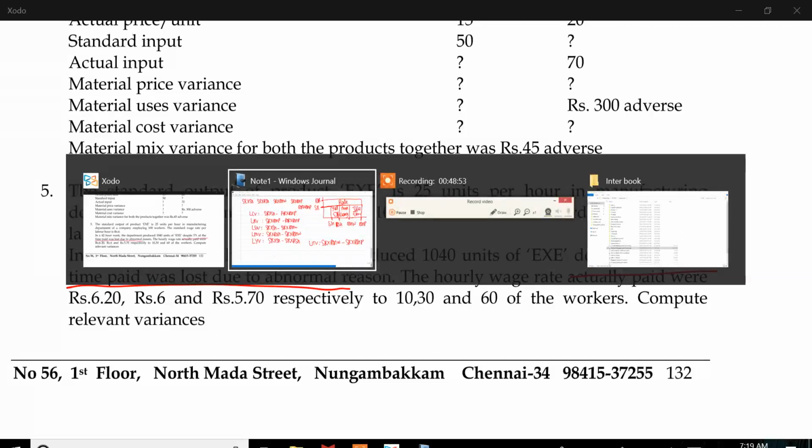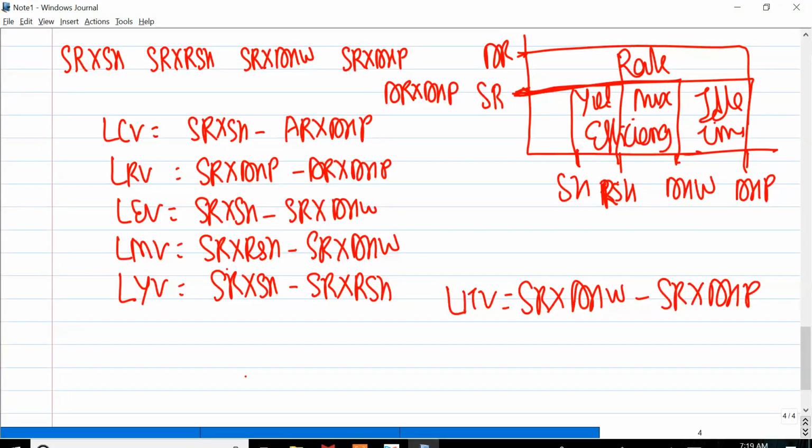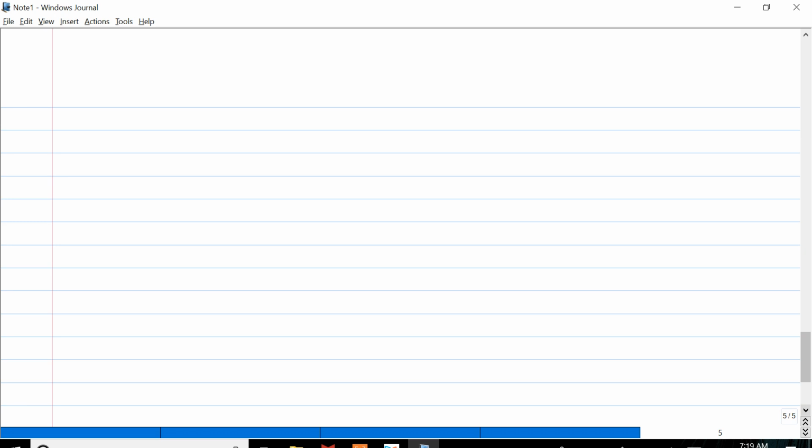So working note 1, computation table. We are going to do the problem as if it is single labor without idle time. Let's write on the side.